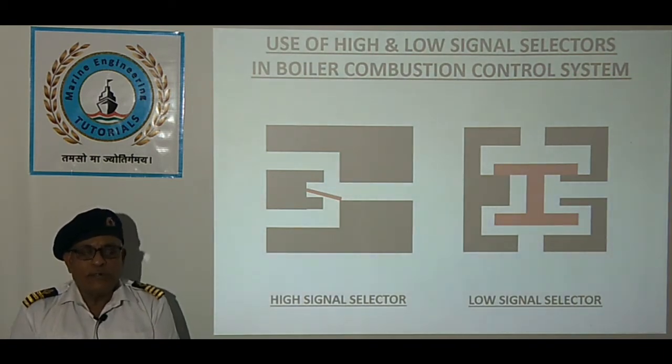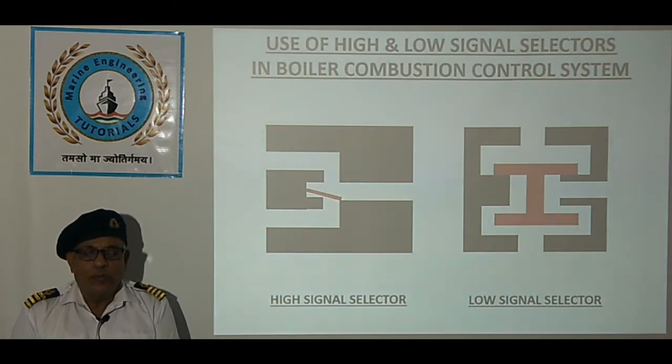When load changes, response of the fuel loop is comparatively faster than response of the combustion air loop, which requires that combustion air flow should always be in excess than the fuel to prevent inadequate combustion and black smoke. This is achieved by high and low signal selectors in the following way.